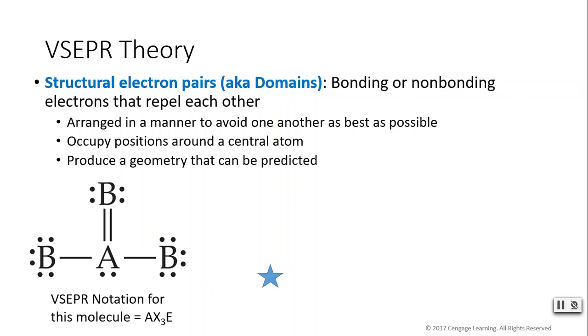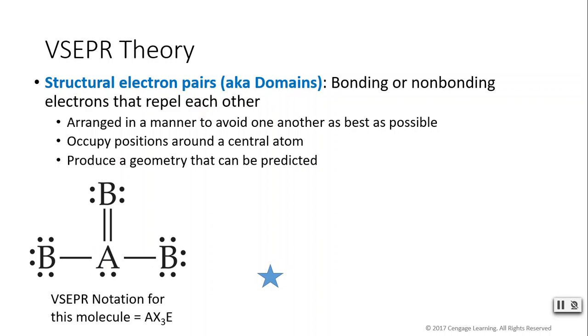And so when determining what those structural electron pairs or domains are, we have to look at not only bonding pairs or atoms attached to the central atom, but we also need to consider lone pairs of electrons on the central atom. It's all about the central atom with VSEPR theory and how we're going to use that for molecular shape.